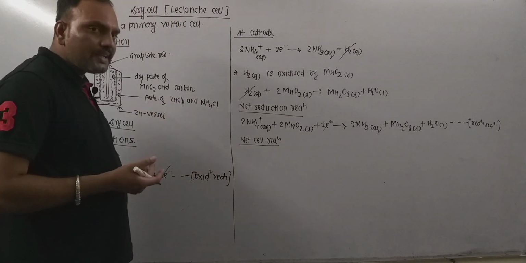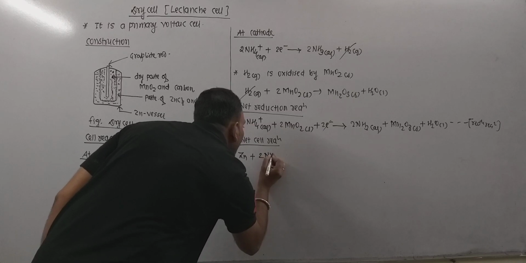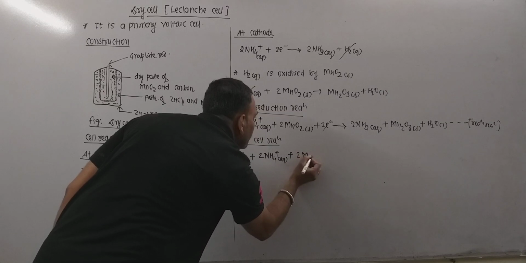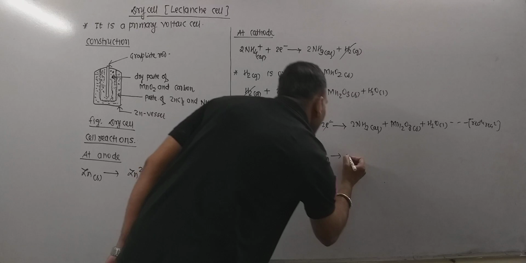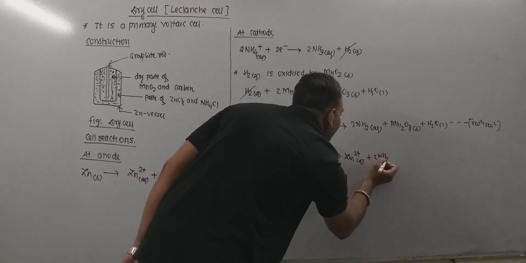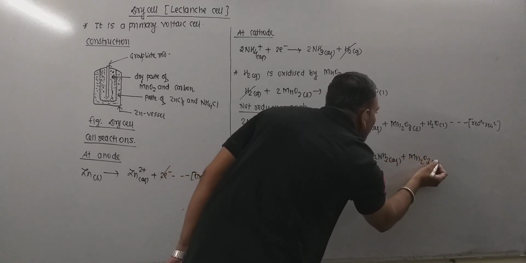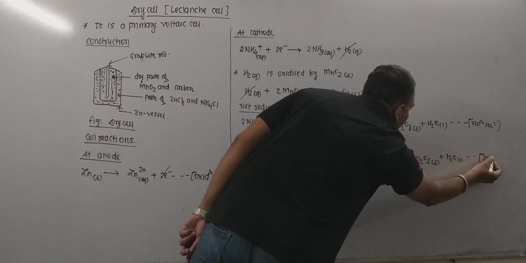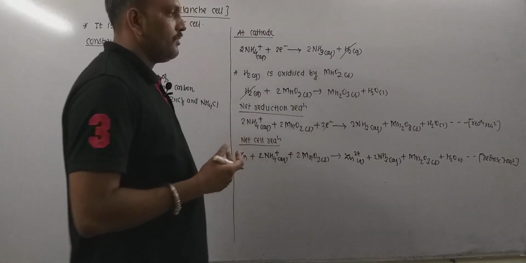We receive Zn + 2NH4+ (aq) + 2MnO2 (s) giving Zn2+ (aq) + 2NH3 (aq) + Mn2O3 (s) + H2O (l), and this is the redox reaction taking place in the cell.